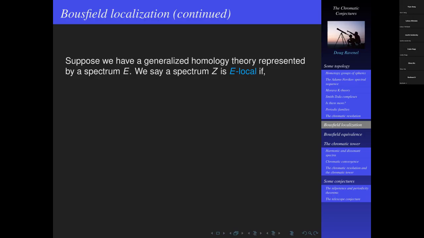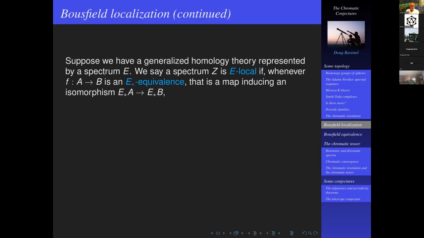We'll say a spectrum Z is E local if, whenever you've got a map between two other spectra that induces an isomorphism in E homology, then it also induces an isomorphism in homotopy classes of maps into Z.